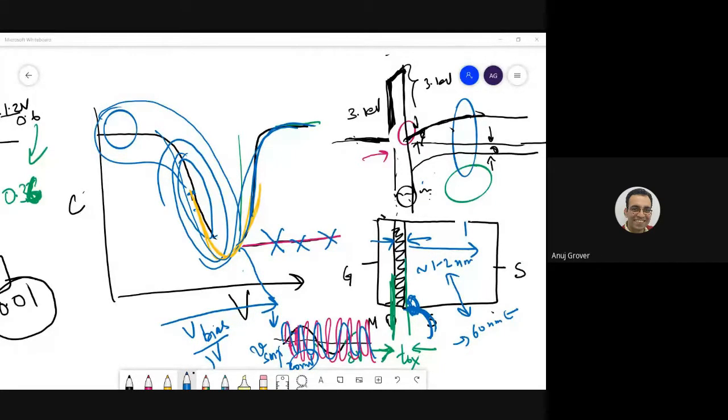Without applying any voltage, there is some band bending that is inbuilt. So the additional voltage that you need to apply to get that 2 phi of bending is different, and therefore your VT could be higher or lower. Bang on. Very good, Madhur.